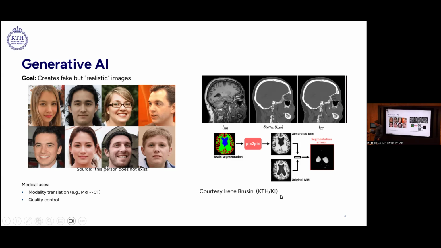In another project with a previous PhD student, we wanted to assess the quality of segmentation of the brain. Here you can see a bad segmentation, and with this segmentation we can create an MRI that we subtract from the real MRI and see that here the segmentation was wrong.